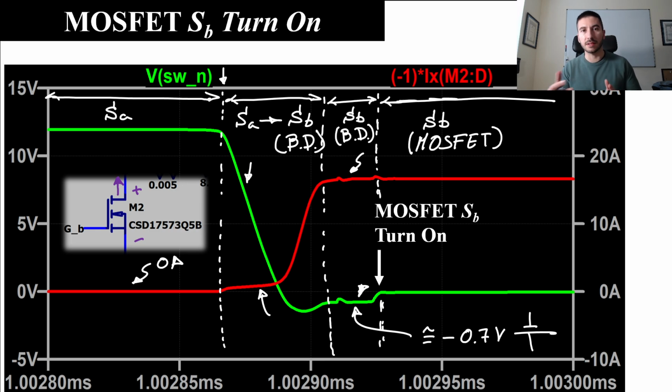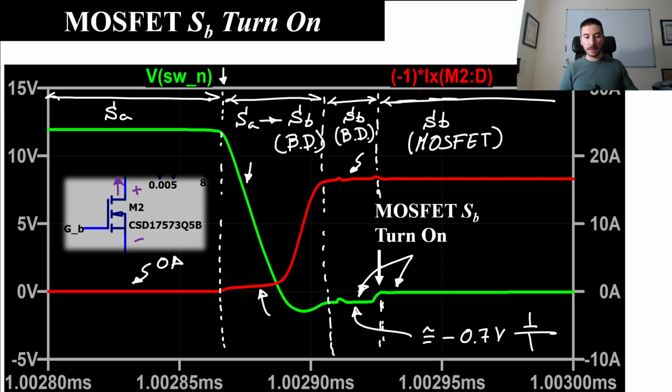It's not 0, it's minus 0.7, but it's close to 0. And after the turn on process it is also 0. So as a consequence, during the turn on transition, there is no overlap between voltage and current. And as a consequence, if you check the instantaneous power consumption, you will see that it's negligible.